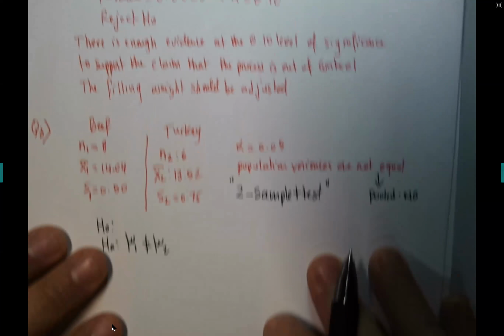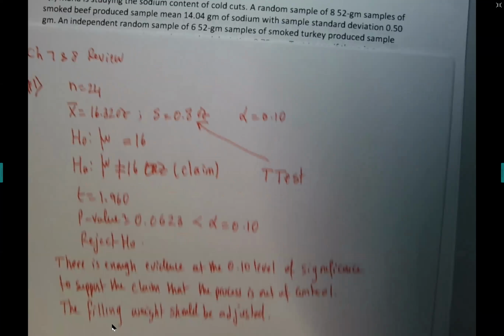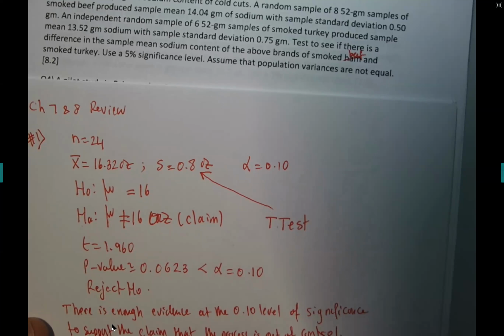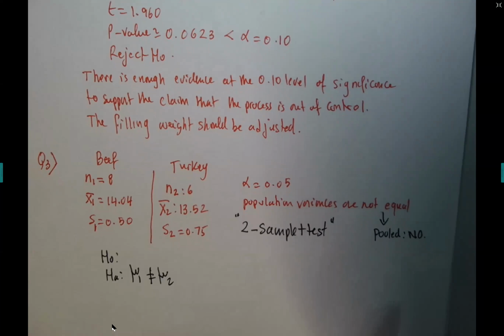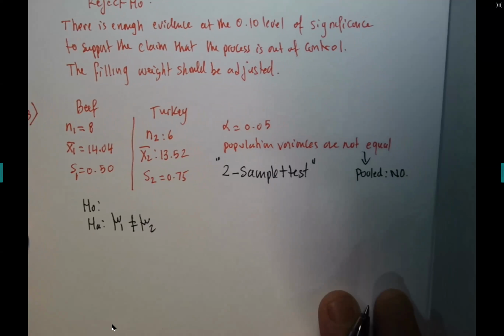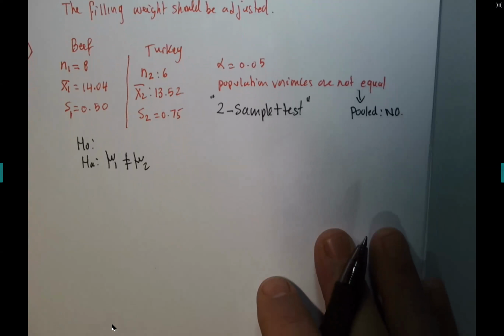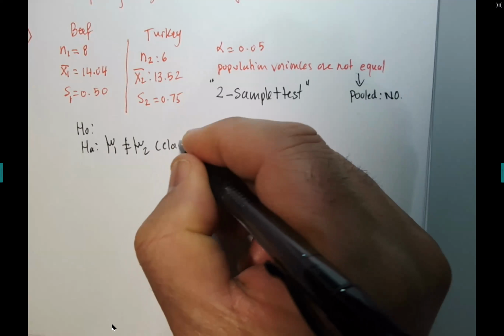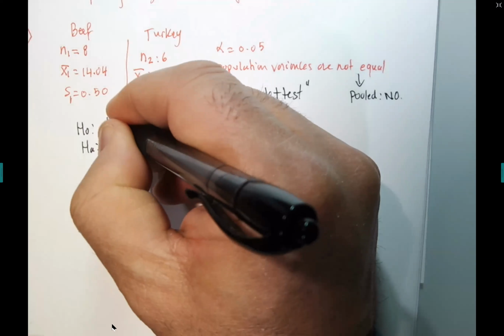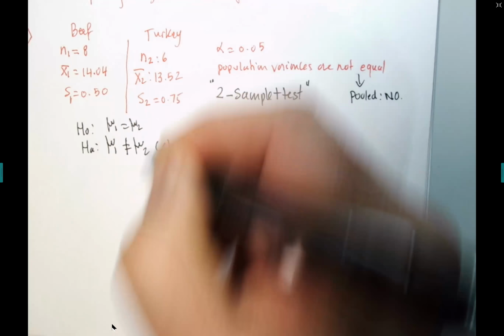Just to show you again why I'm selecting this: he says test the claim to see if there is a difference. Difference means not equal to, guys. So that would be the claim. And HO is mu1 equals mu2.